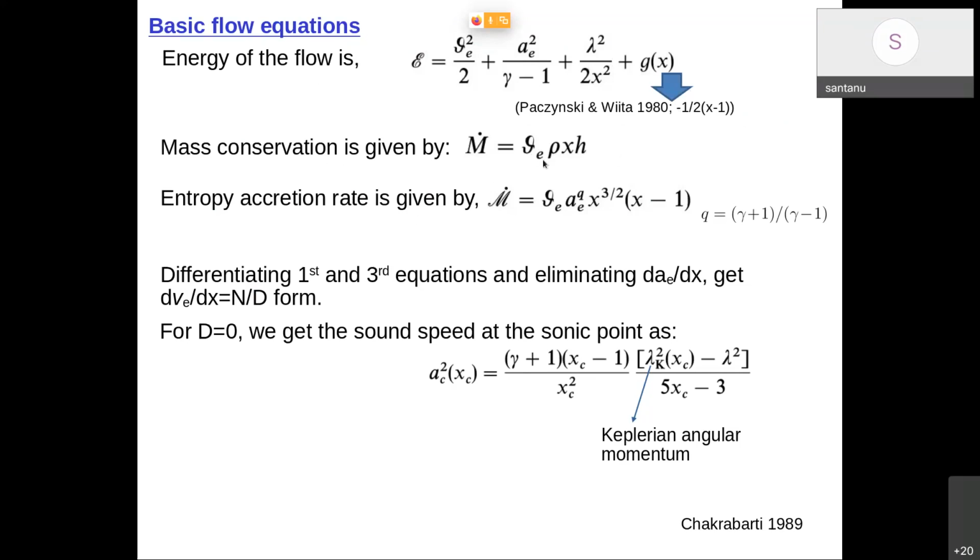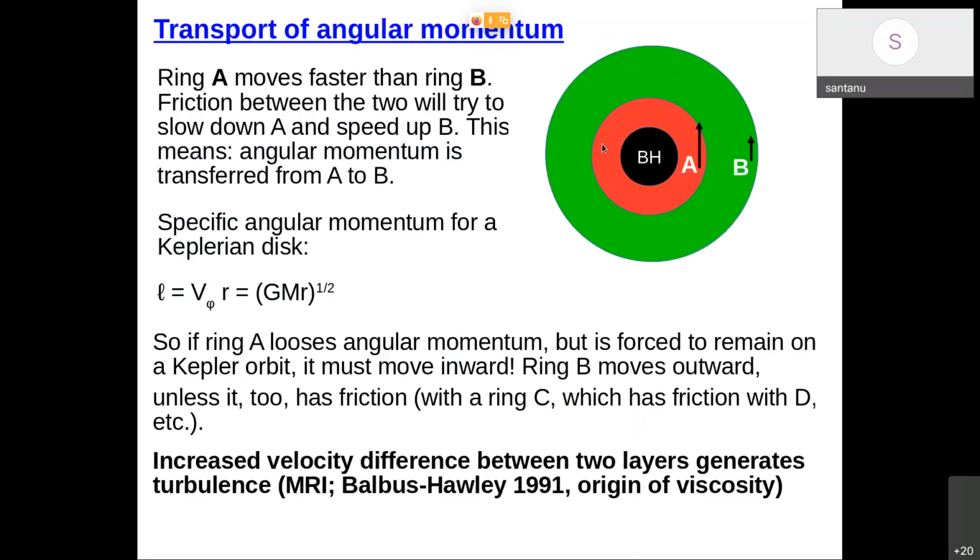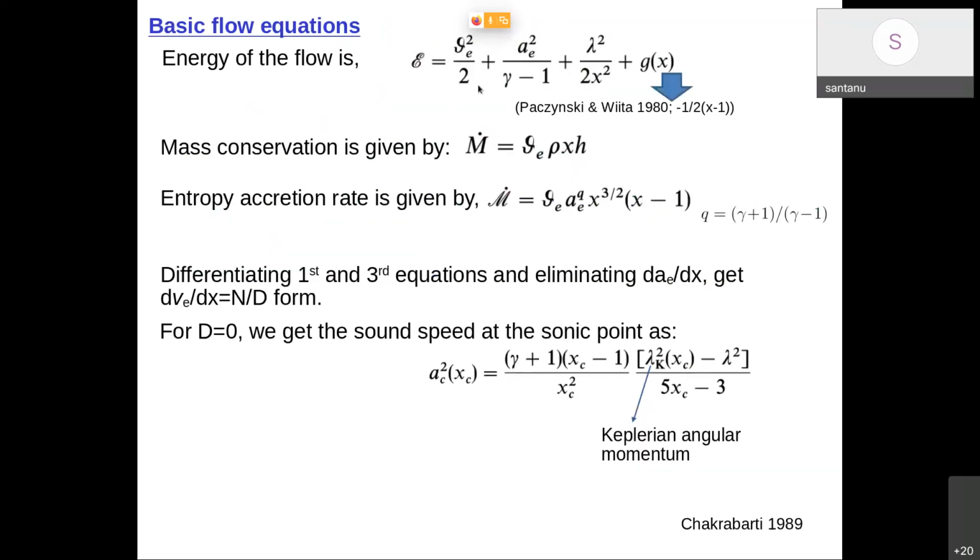Mass conservation can be written in this way, and the entropy accretion rate can be given in this way, in terms of velocity, sound speed, and the radial distance. If we differentiate the first and third equations and eliminate dc/dx, which is the gradient of sound speed, we get dv/dx in numerator by denominator form. Putting the denominator equal to 0, we can get the sound speed at the sonic point.